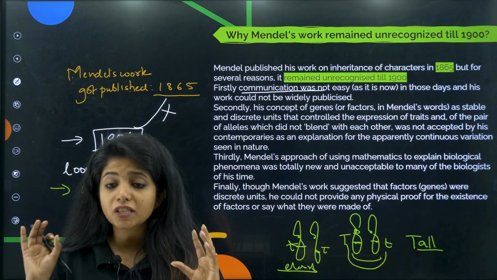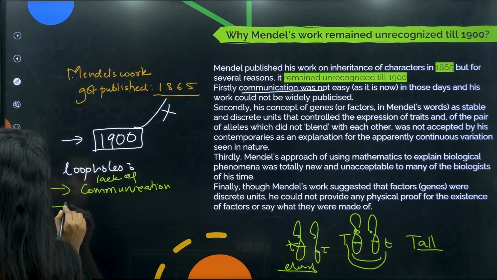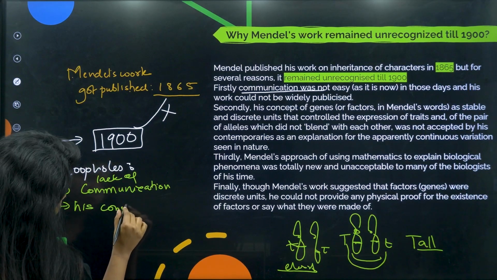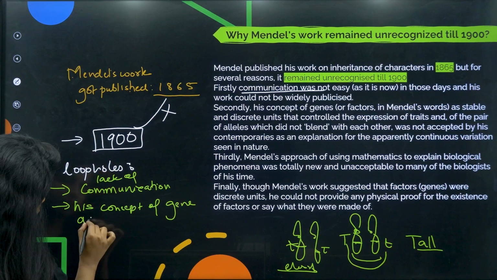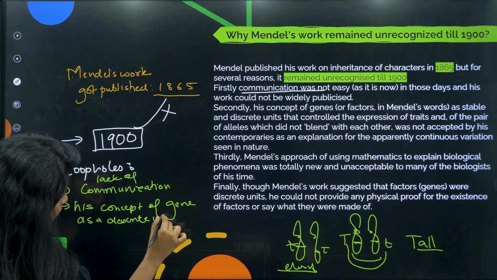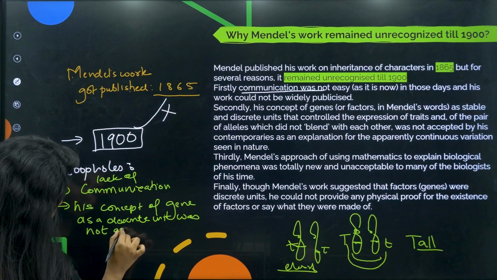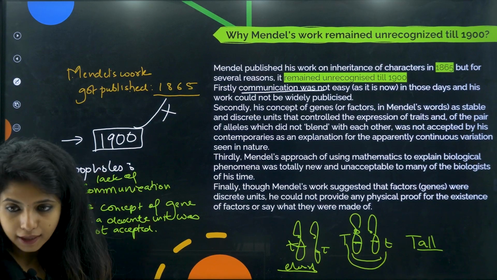This was not explained by him. So I will write: his concept of gene as a discrete unit was not accepted.